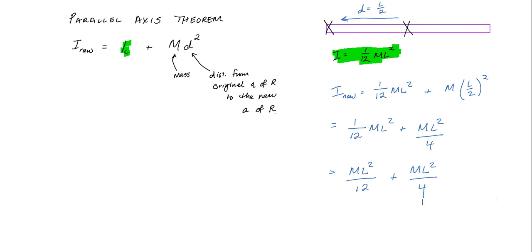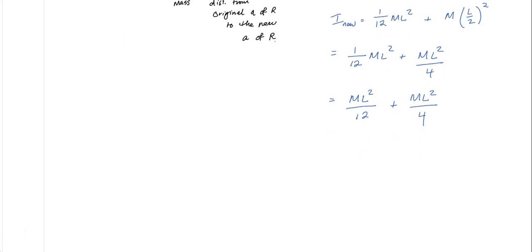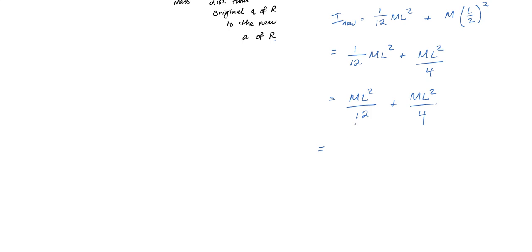So now if I find a common denominator, my common denominator will be 12. So that means I have to multiply this by 3 over 3. So I have 3 m L squared over 12.